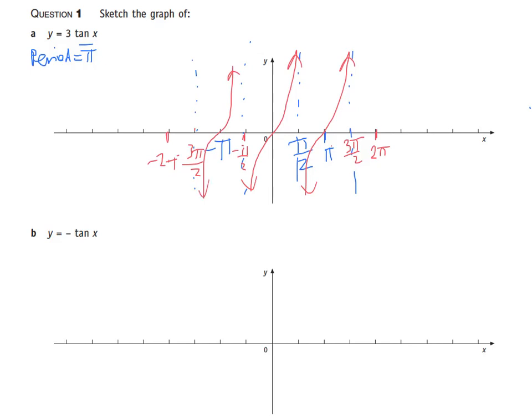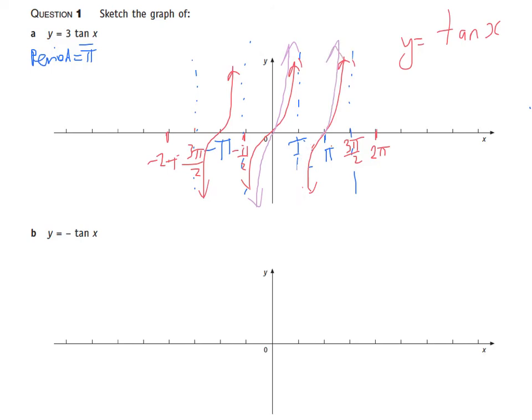Okay, so actually, I think we might try and make it a little bit steeper. Actually, let me keep that there. If we say the red graph is y equals tan x, maybe we'll draw y equals 3 tan x in purple, making that a bit like that. So see, it's got the same asymptotes, same x-intercepts. Ooh, that one was wrong.